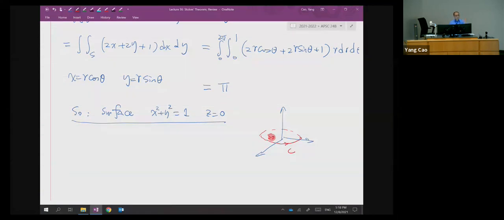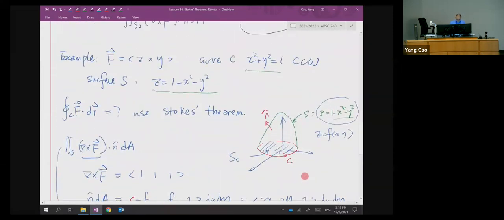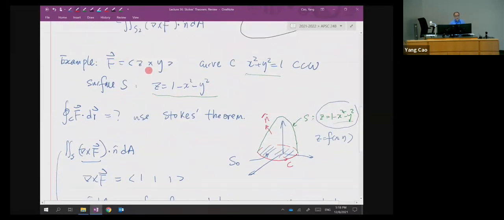When you use Green's theorem, it's for 2D. 2D means the curve C is 2D, and the vector field also has to be 2D. Your vector field here is not 2D, it's 3D. So you still need to use Stokes theorem.